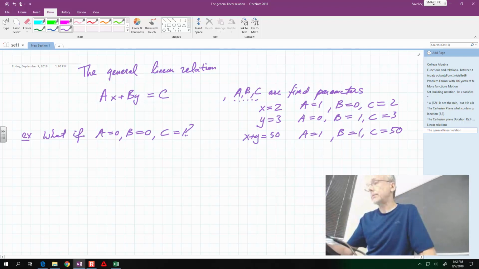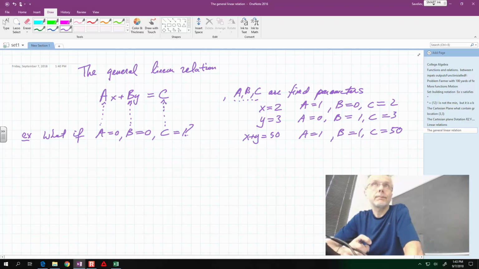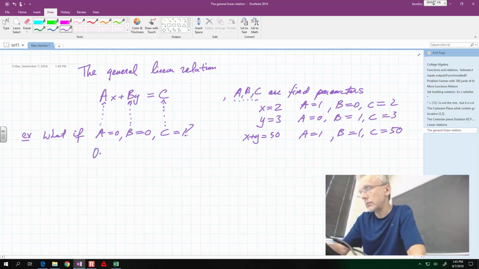Substitute, what do I get? If I replace A with 0, let me just carry it out: 0 times x plus 0 times y is equal to 1. Simplifying, I get 0 equals 1. What's its graph?